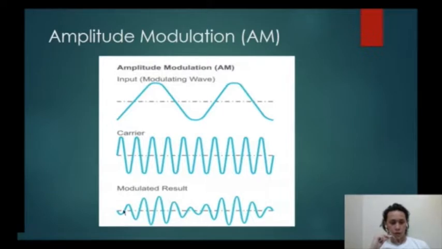So, if yung modulator natin is binabago yung amplitude ng carrier wave while keeping the carrier frequency constant, ang tawag doon is amplitude modulation or AM. Yung mga AM radio station natin, amplitude modulation ang ginagamit. So, here is low amplitude and then high amplitude and then another low amplitude.